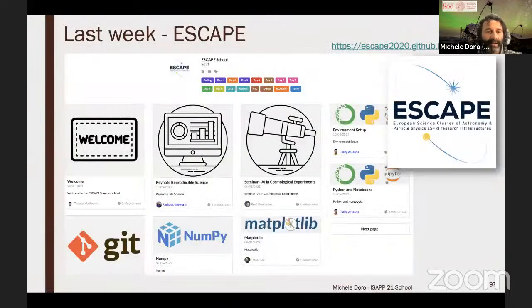And if you want to learn more about this, there was a school past week. There is the link here, in which there was a huge effort to teach about the coding of gamma ray astronomy. There are many lectures, and I think they are still there, and you can have a look at the tools and software that you want to use in the future for your studies.